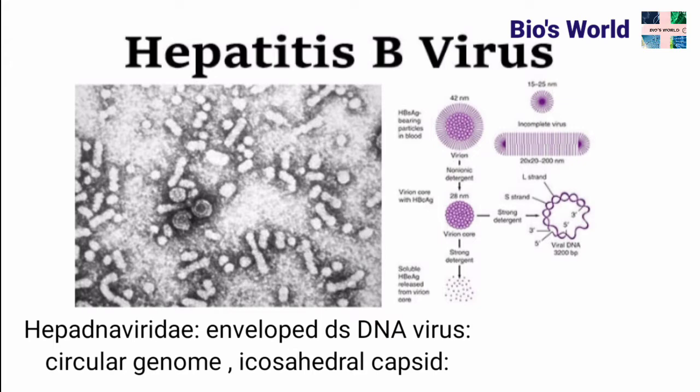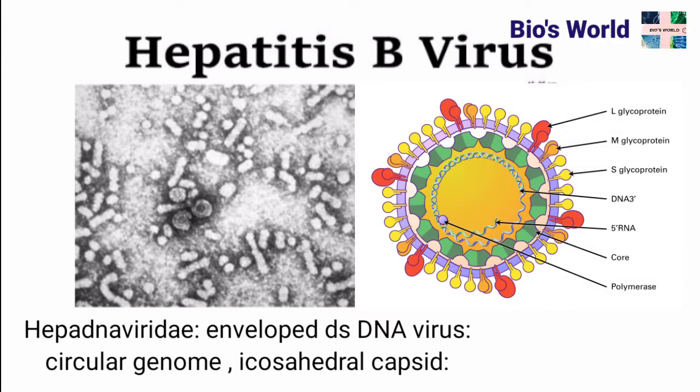It is a double-stranded enveloped DNA virus with a circular genome and an icosahedral capsid, approximately 30 nanometers in diameter, made up of 4 proteins, that is VP1 to VP4, that surrounds the 6 to 10 kb RNA genome.